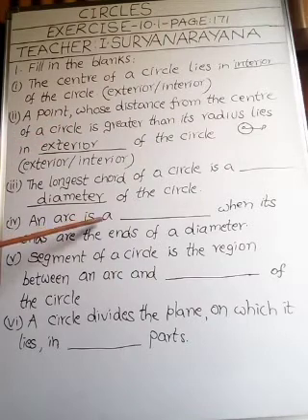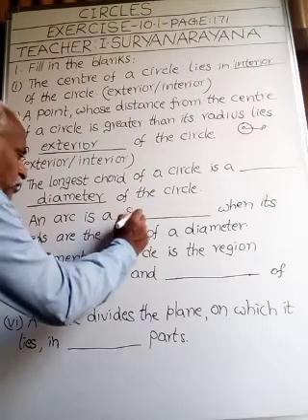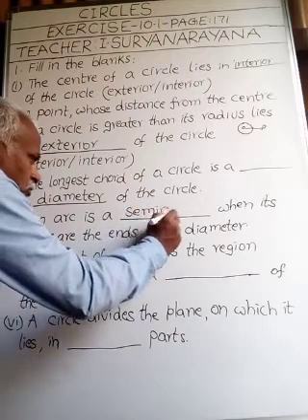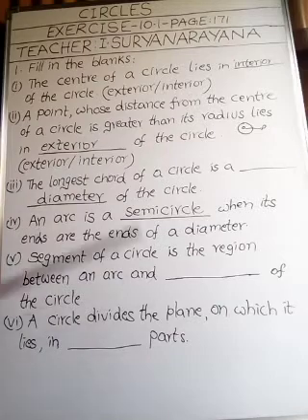An arc is a dash when its ends are the ends of a diameter. Then what is that arc called? Semicircle. Understood this one? Right. Now come to the next one.